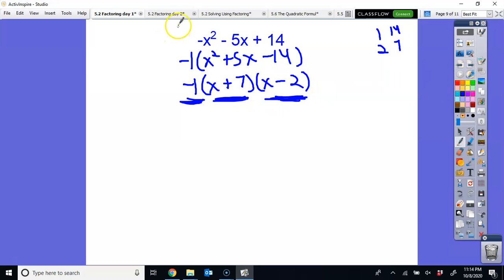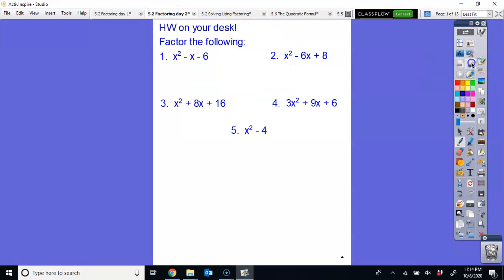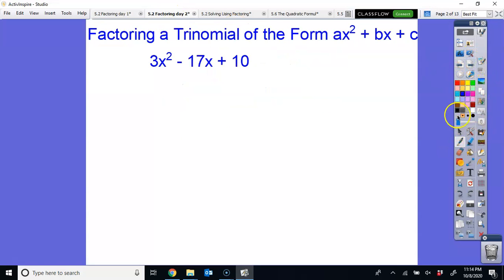So let's look at what happens when the numbers get a little bit uglier, meaning something like this. Notice right here, this one, you cannot divide the 3 out. That means this 3x squared has to come from here and here, but it can't be just x and x this time.